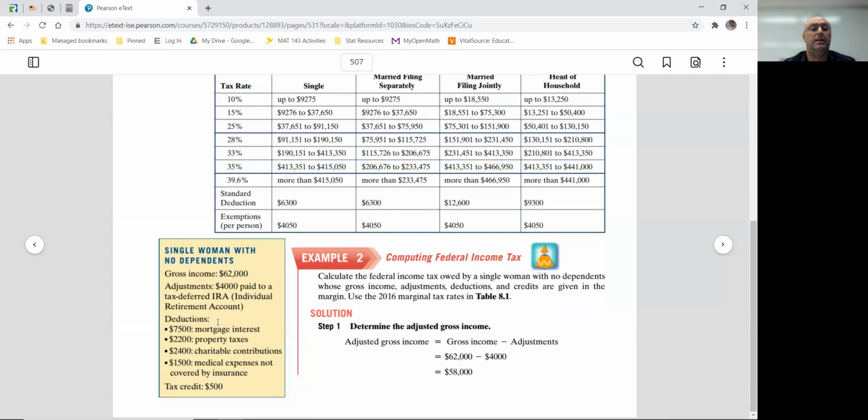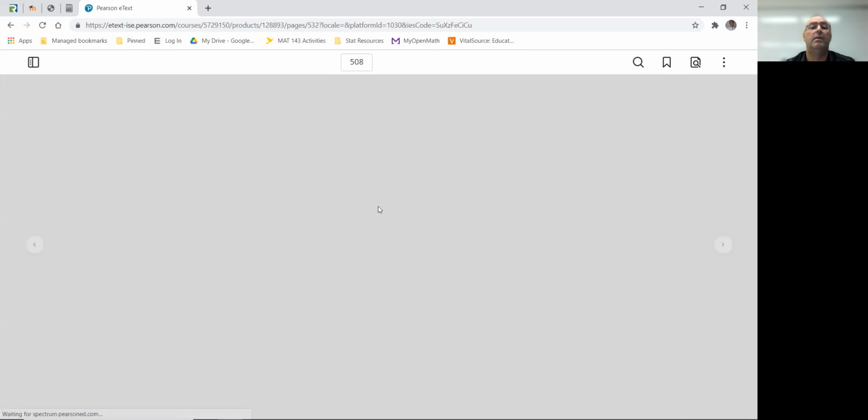And finally, she had a tax credit of $500. As I said, finding the adjusted gross income is the same as in the textbook: gross income minus the adjustments. Her adjustments are $4,000, so she has an adjusted gross income of $58,000.